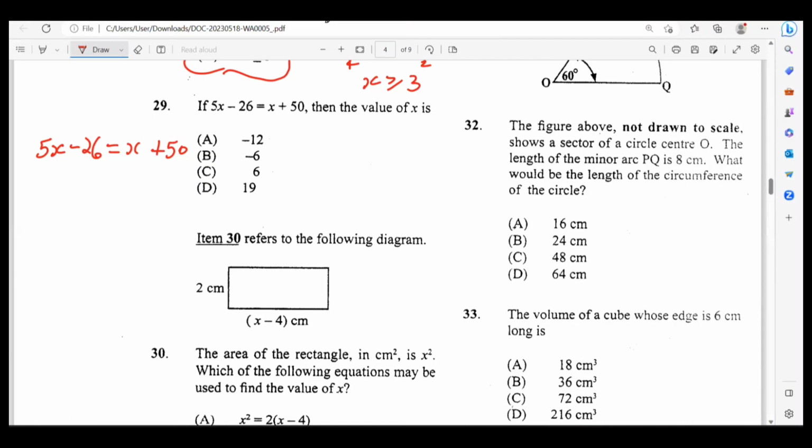All right, so what we're gonna do here, we'll have 5x, collecting your x's on one side, so it's gonna be a negative x. Collect the constants, just the numbers, on the other side. This is negative, so it becomes positive 26. 4x is 76. Divide by 4, divide by 4.